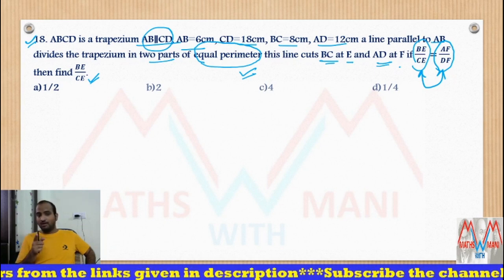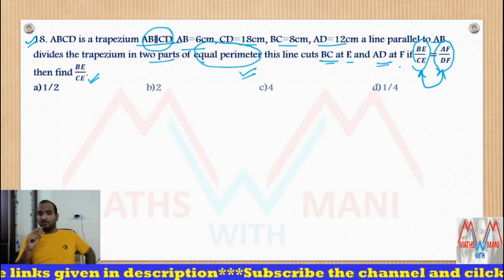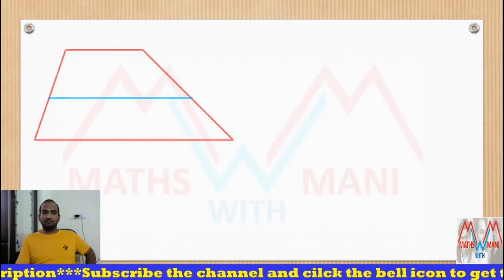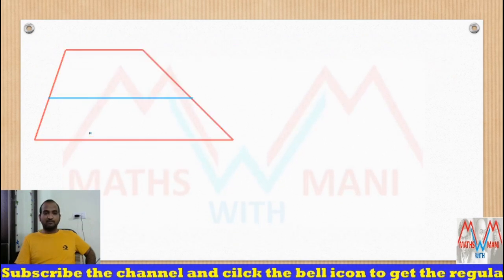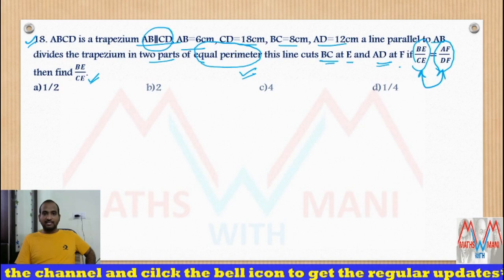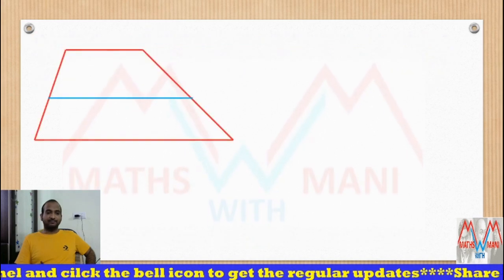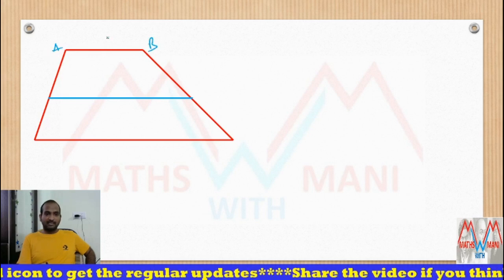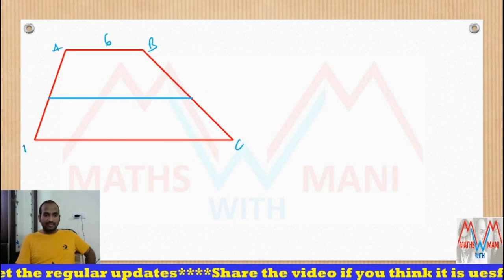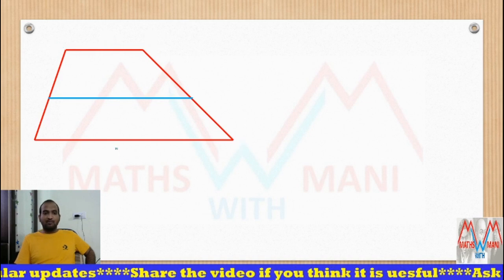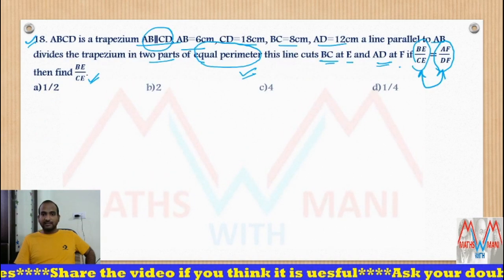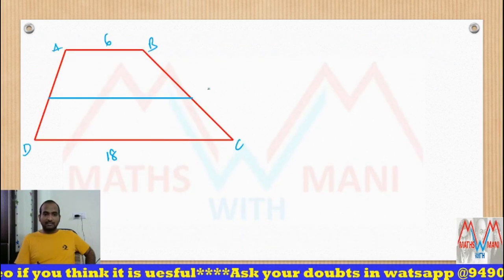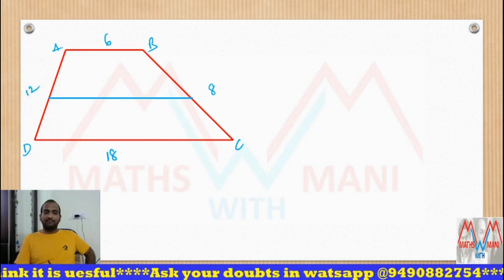Please remember, it divides the trapezium into two equal perimeters. Suppose this is a trapezium. What are the values given? AB is 6, CD is 18. And what about the non-parallel sides? BC is 8 and AD is 12.